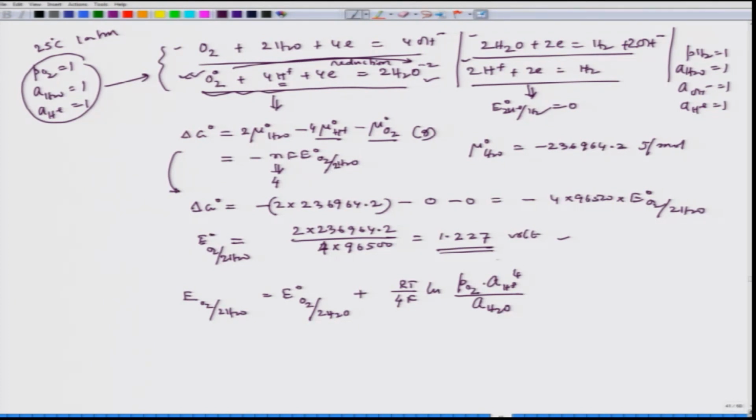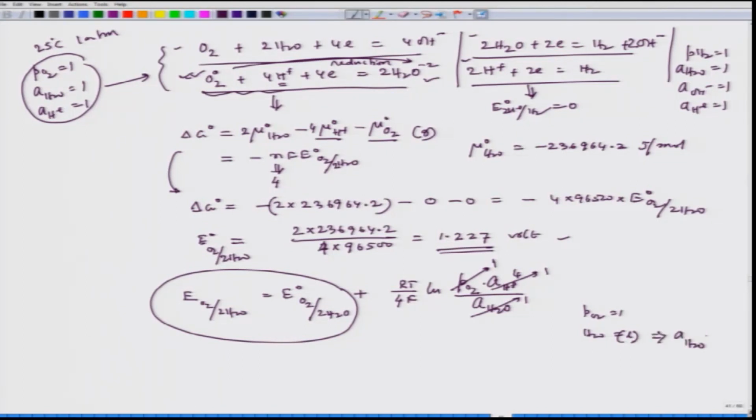Now, if we maintain this to be 1 and this to be 1, as well as this to be 1, then we get the standard reduction potential for this reaction. If we keep maintaining PO2 equal to 1, and H2O if we consider to be pure and in a liquid, then still we can consider activity of H2O equal to 1.